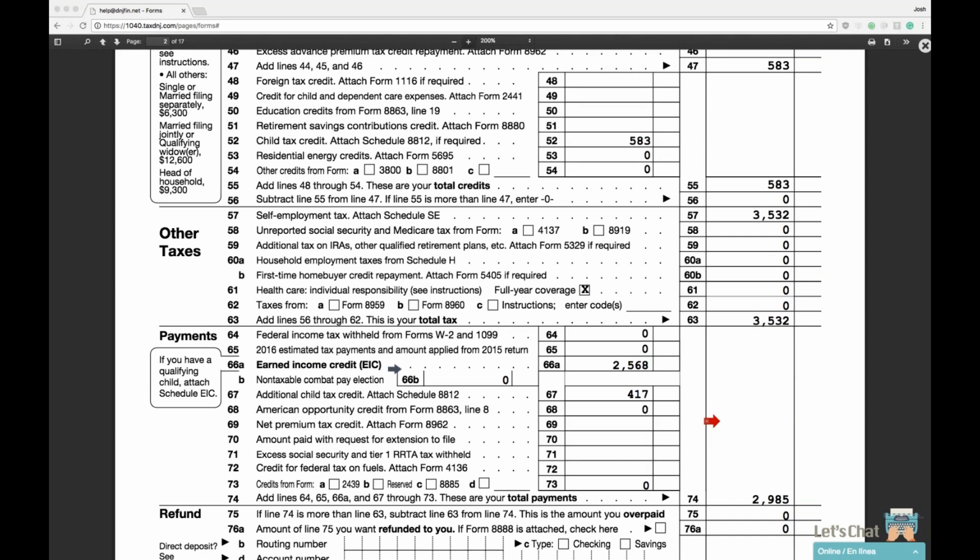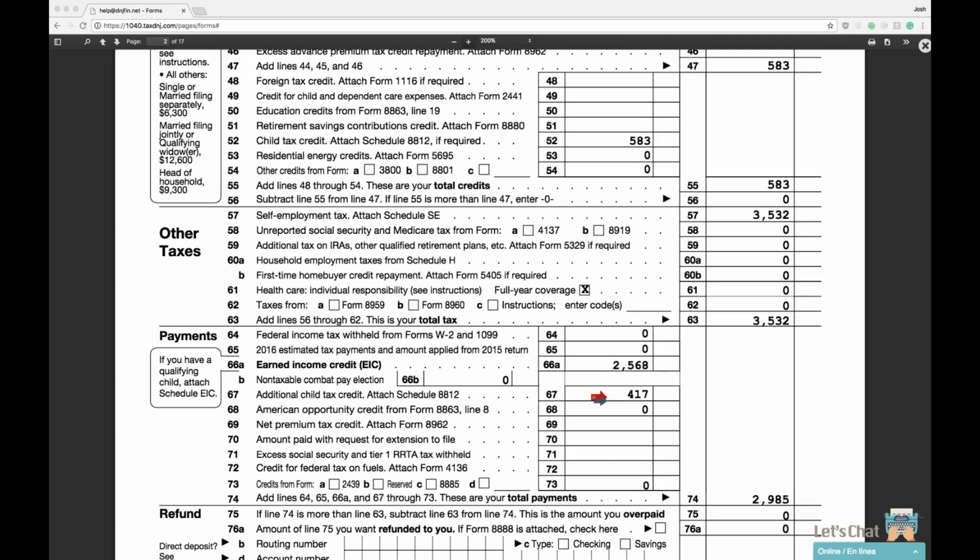Well, Mr. Customer has earned income credit right here. Line 66, the customer qualified for earned income credit based on his income, based on his dependents, based on all of this. He qualifies for $2,568 of earned income credit.